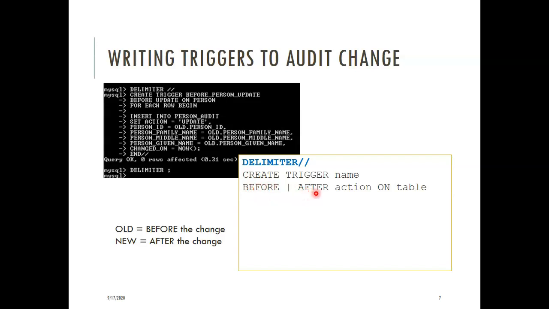That's before or after whichever action on the table. The action here is update, and our table name is person. And then we specify whether we want to batch process or process for each row. So for each row that's being updated. In our case, that's what we're doing. And then you're already seeing a keyword that you already know from a stored procedure, namely begin.